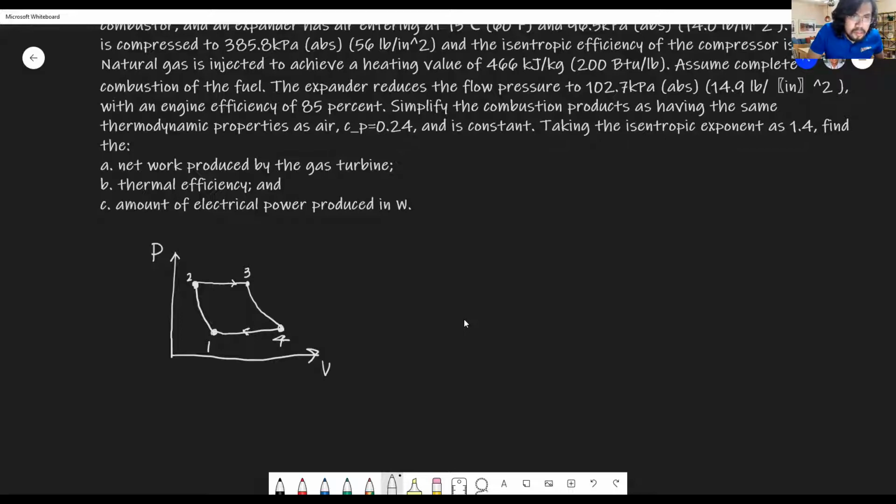But there's an inefficiency involved, so it's not perfect. So we have a 2 prime. The compressor is not perfect, so we have an isentropic efficiency involved. So the original becomes this one.